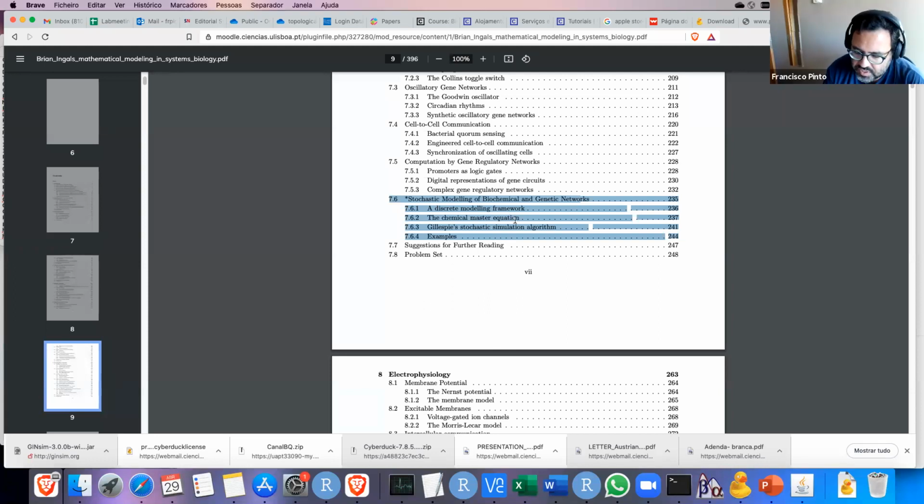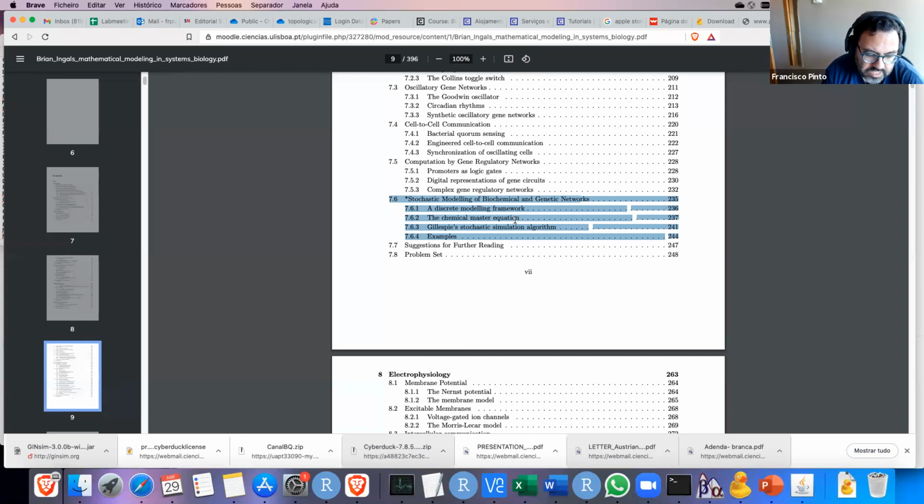But what I was saying is there is a much more extensive world of people working with these stochastic models and trying to extract information from these kinds of models.